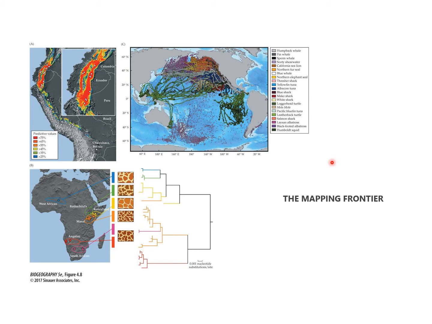But we're just on the cusp, or just in the beginning, I would say, of mapping. We're getting lots of data every day, so much data all the time, and that allows us to do some really interesting and cool things. Like up here, an example of species distribution maps or species distribution models, which allow us to predict where a species might be.